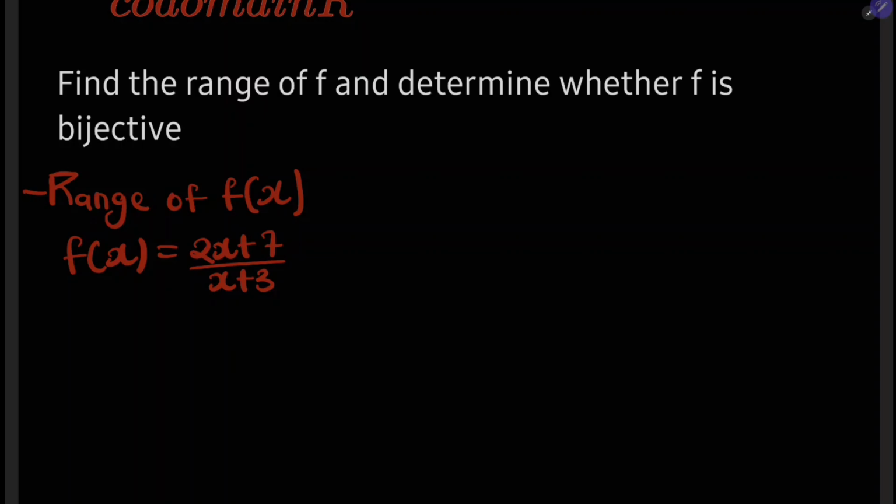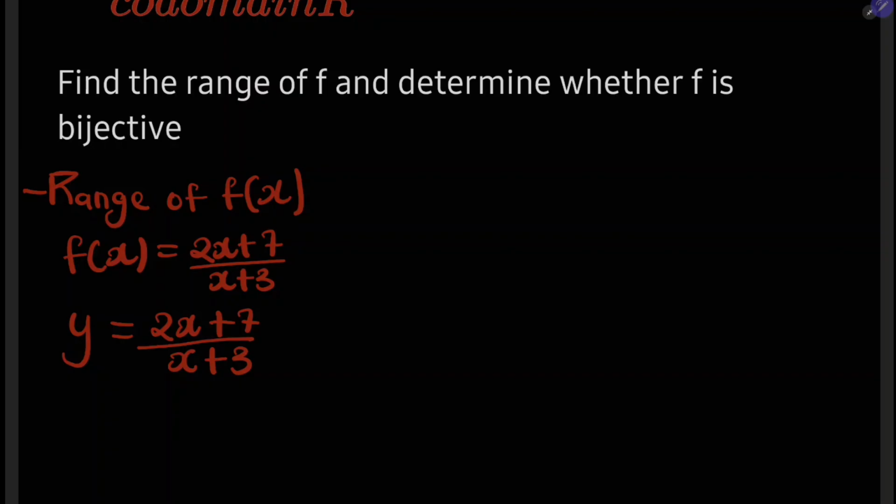And remember, in my last video I talked about the range and how to find the range. That was, take y equal to 2x plus 7, all that on x plus 3.